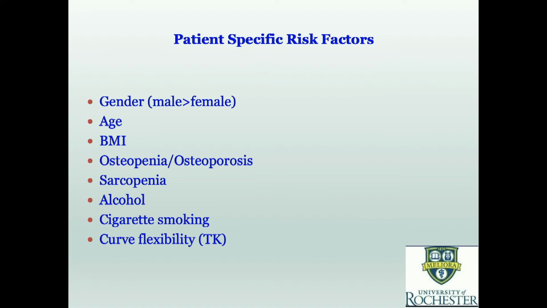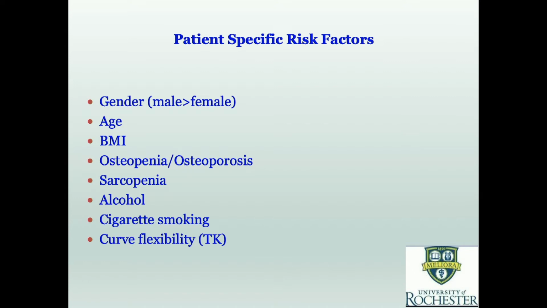Focusing on patient-specific risk factors, first gender: male patients have had a higher risk for PJK in various studies. Also older age and larger BMI. And as I showed earlier, this is mostly based on univariate analysis, not necessarily taking into account all the different confounding variables that would affect the outcome.